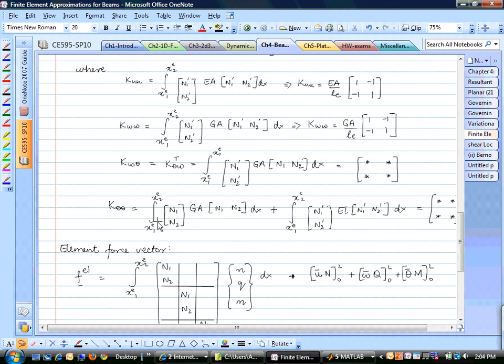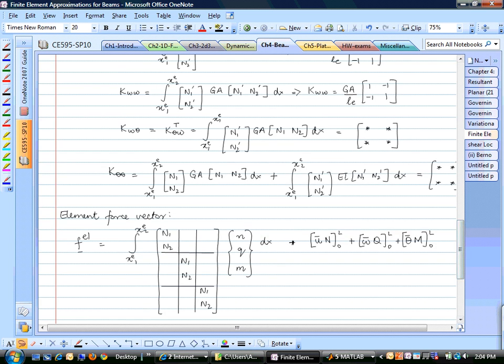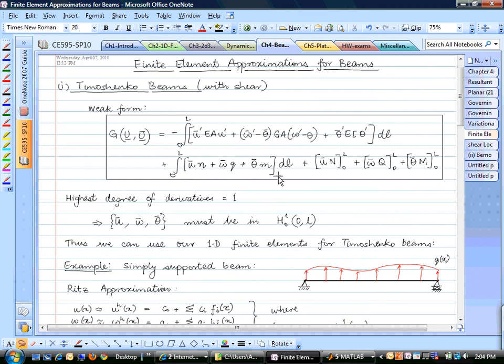And the element force vector is going to be coming from all these terms. So again, you are going to substitute U bar is equal to N times D times the axial load, transverse virtual displacement times the transverse load, and applied moments.